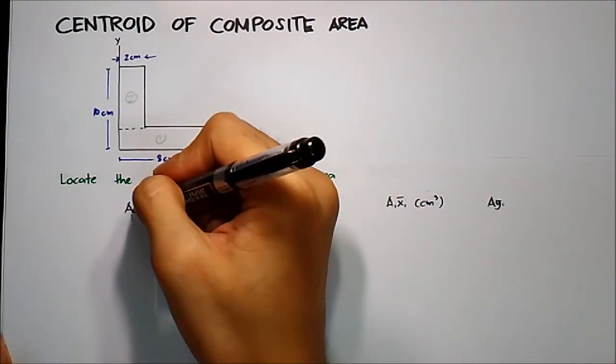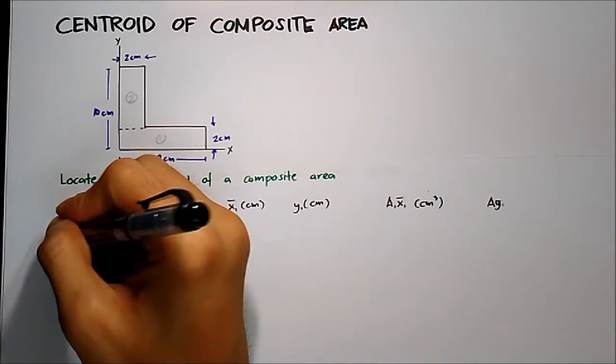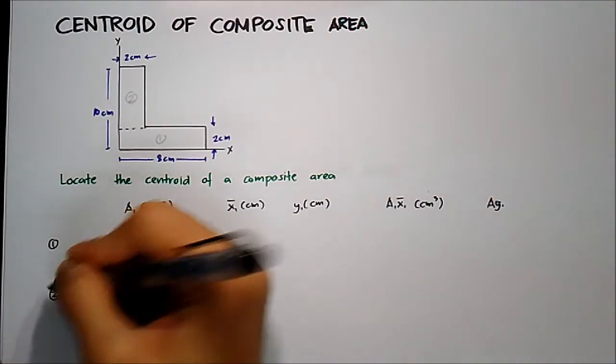The subscript i represents the individual shapes or areas of the composite area. The bottom area represents 1 and the upper area represents 2.